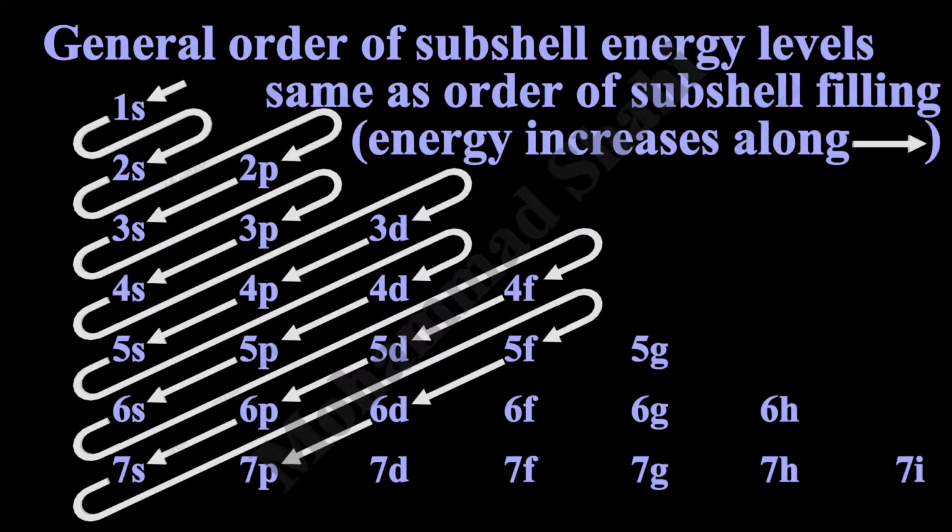Based on the n plus l rule, where n is the principal quantum number and l is the azimuthal quantum number, subshells with lower n plus l values are filled before those with higher n plus l values. And for subshells with equal n plus l values, the filling of the one with a lower n value precedes the filling of the one with a higher n value.